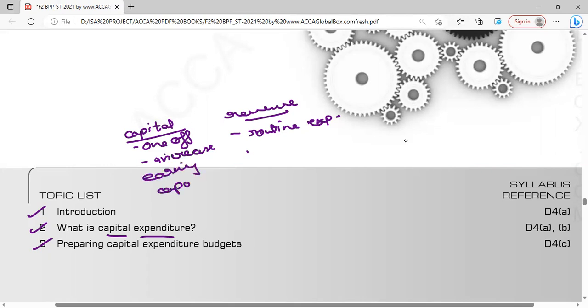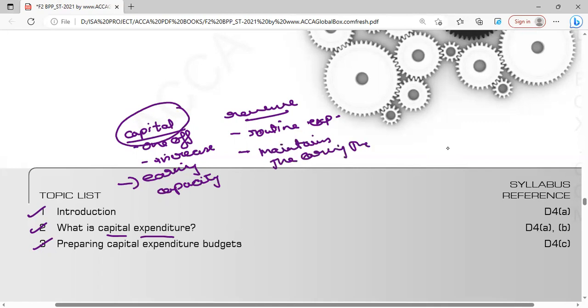This is with regard to the organization. Of course, when you purchase a fridge for your home, it's not going to increase your earning capacity. Definitely not. But in case of an organization, when it intends to do capital expenditure, one of the objectives is also to increase the earning capacity. The second feature for revenue is that it maintains the earning capacity, as you said rightly. That's the difference.